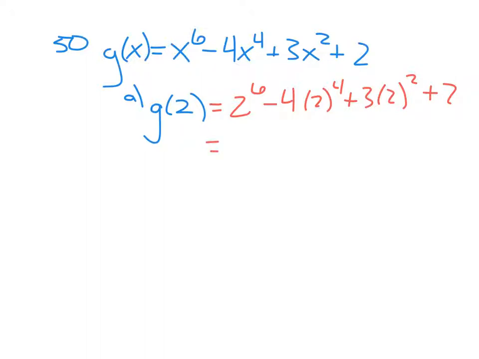Well, okay, can I just write it out? So 64 minus 64, so they cancel. Plus 12. All right, so are we happy that it's that? I'm going to pause for a second.